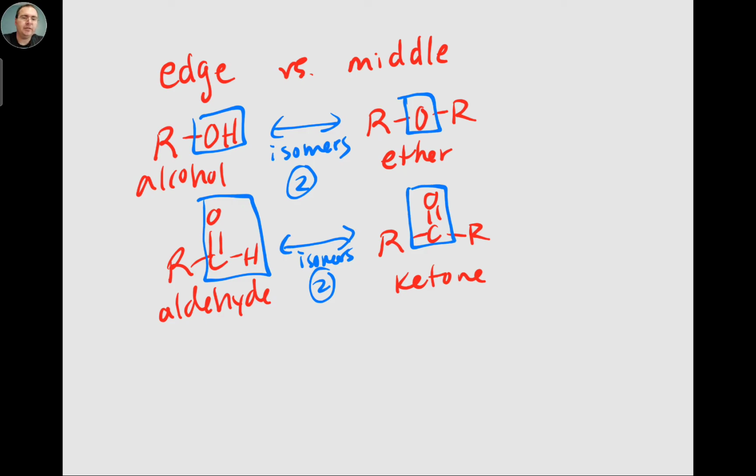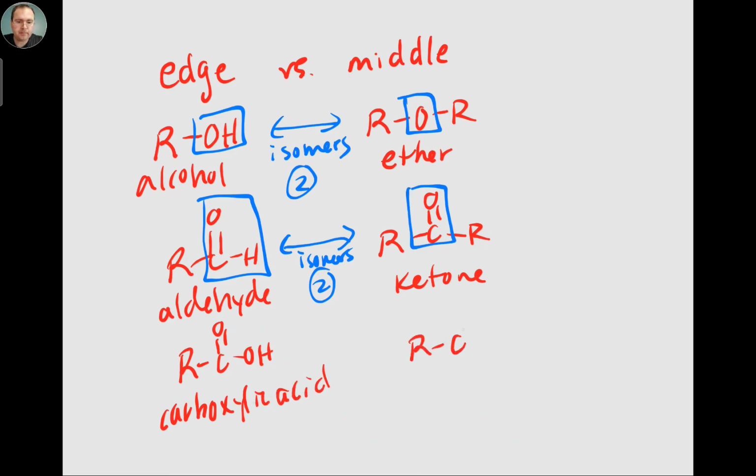Same kind of thing could be said for the last pair, and that is a carboxylic acid that has a carbonyl OH, and then its isomer, which is an ester. So notice in this situation, the same exact thing happens. The answer is going to be 2 for the purposes of the homework.